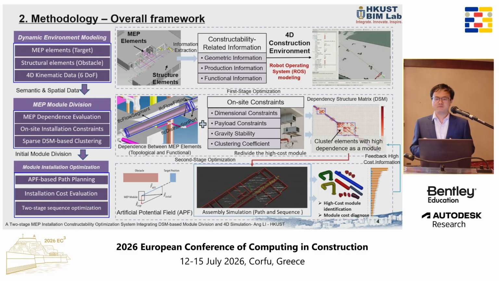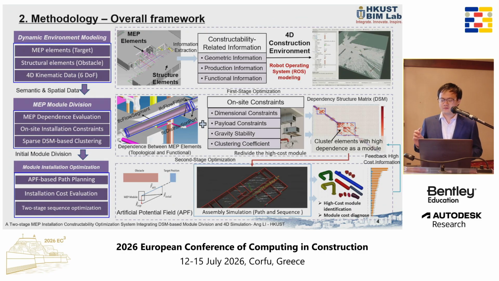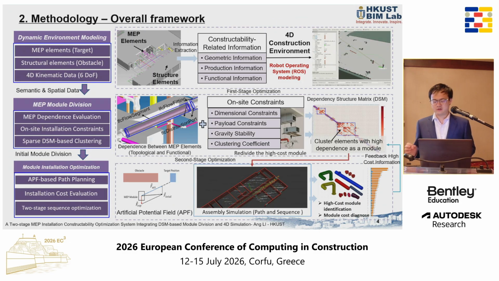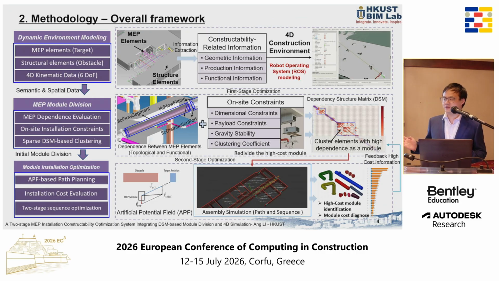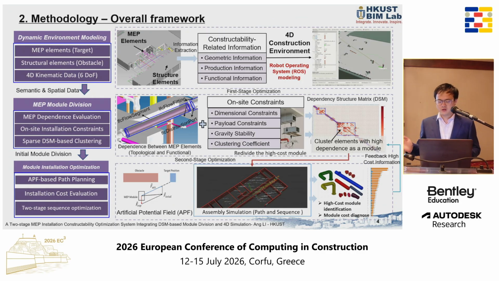If we find some high-cost installation, we can find the improper module division that causes the high-risk, high-cost installation, and then feed this information back to the module division. So it's a closed-loop optimization.